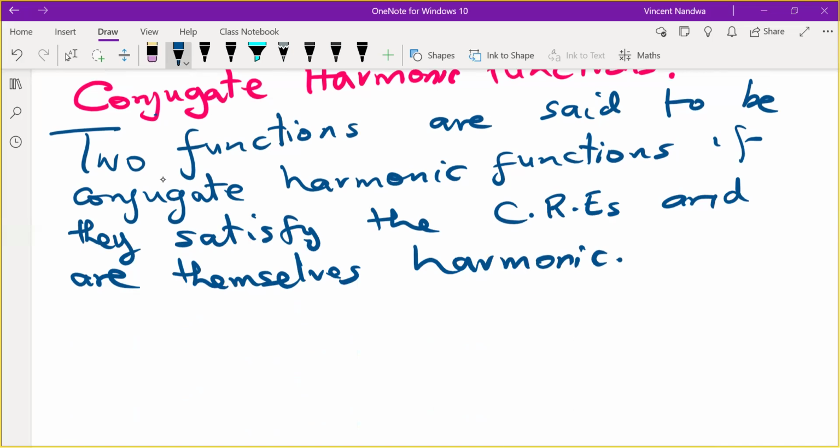So when two functions are harmonic, and at the same time they satisfy the Cauchy-Riemann equations, then such functions are called conjugate harmonic.